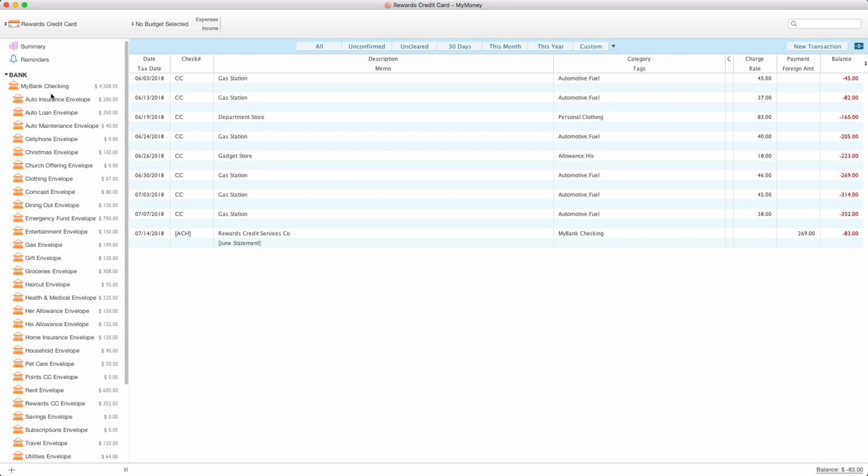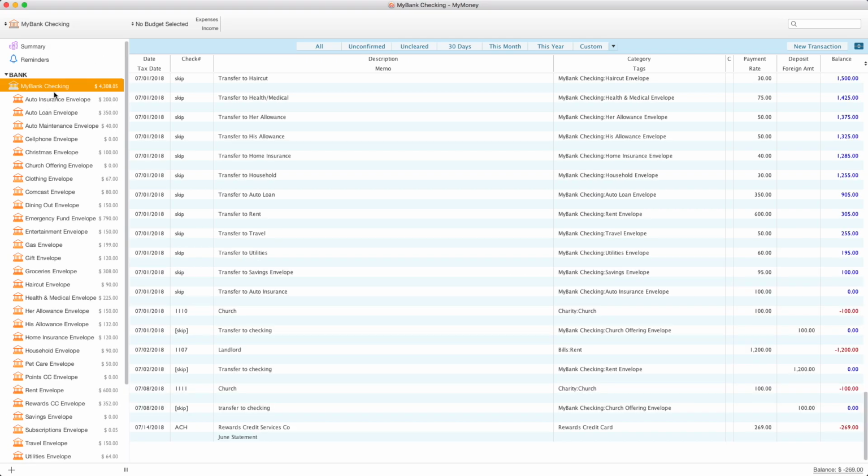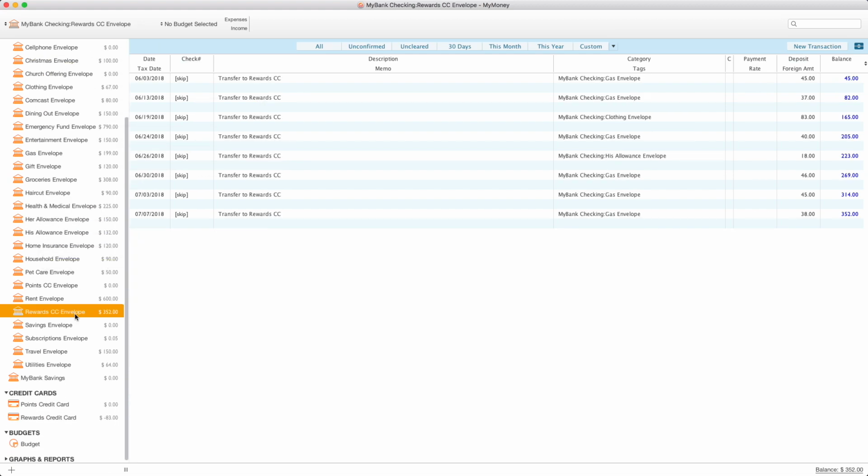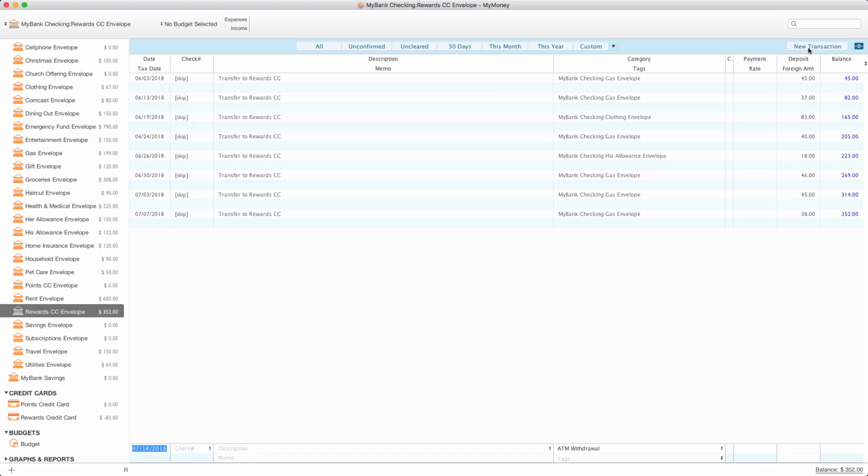But what do we do with that negative $269, right? We have to pull money from some account to cover that. Well, that's where that rewards credit card envelope, that holding account, comes into play. So now we're going to take that, and this is a skip transaction. We're going to say transfer to checking for $269.